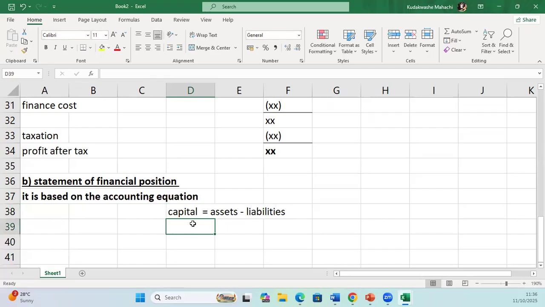The capital of the business comprises the assets and the liabilities. The capital is equal to assets minus liabilities.